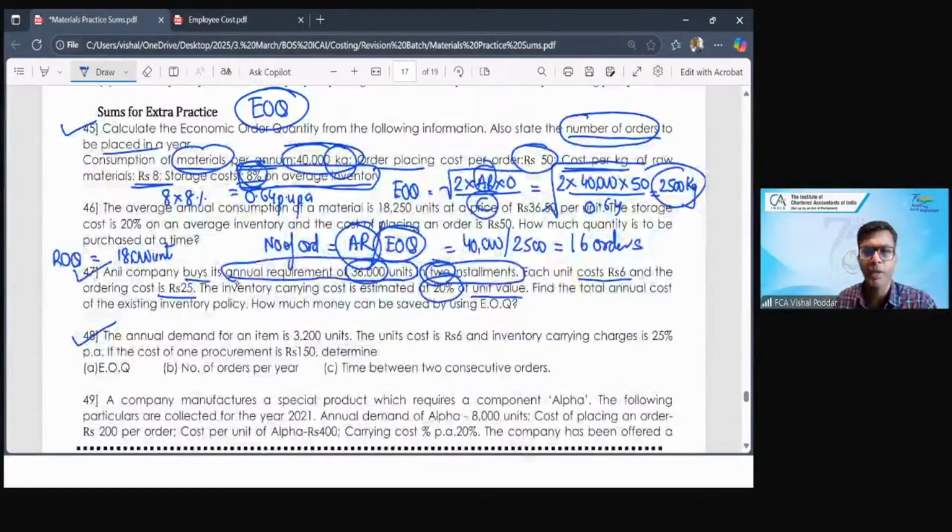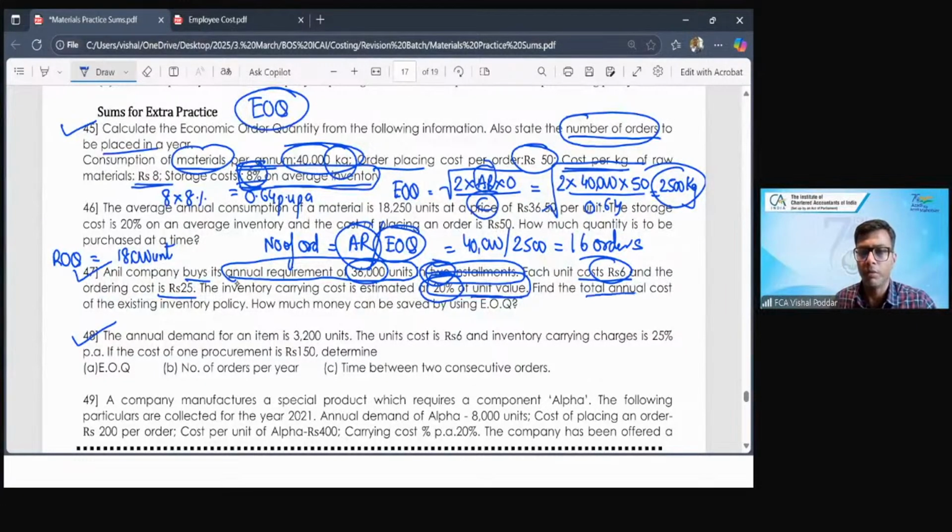And here they are saying 20% of unit value. Whether they say average inventory or per unit value, don't get confused. It means the same. You simply multiply this by the price. Your price is rupees 6. So carrying cost will be 6 rupees multiplied by 20%, so it will be rupees 1.2 per unit.